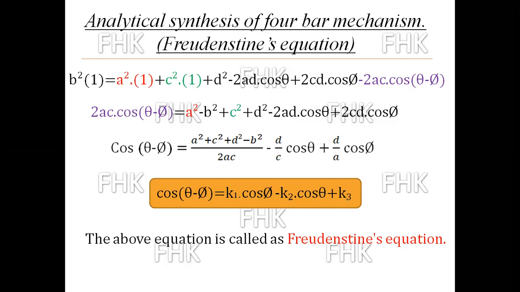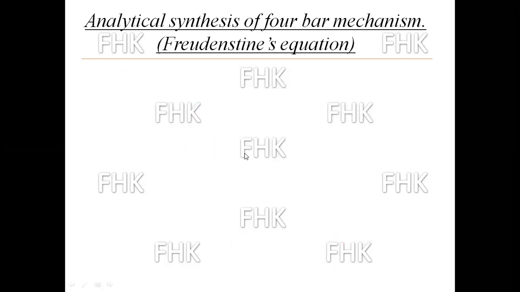So value of K1 will be b by a, which is length of output link divided by length of input link, where K2 is length of output link divided by intermediate link, plus K3.